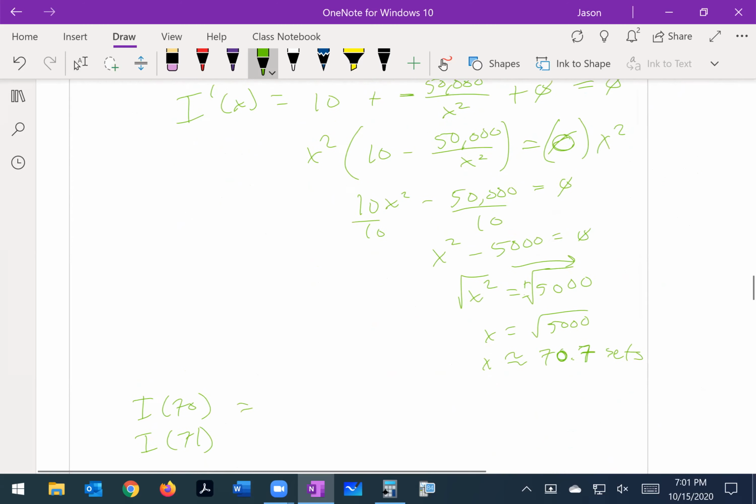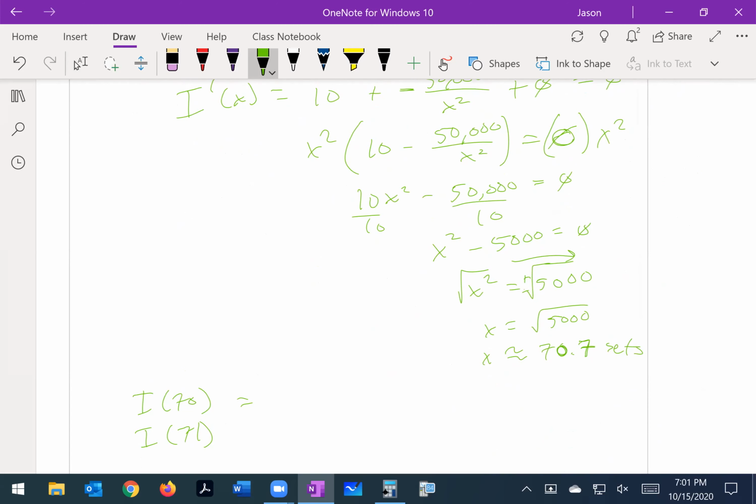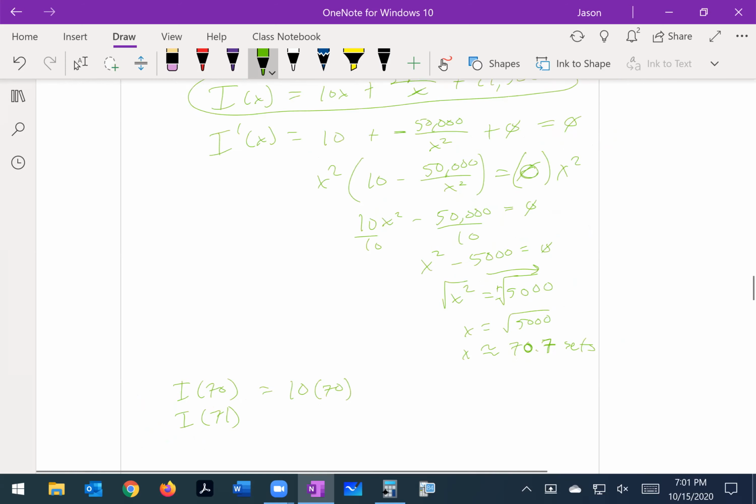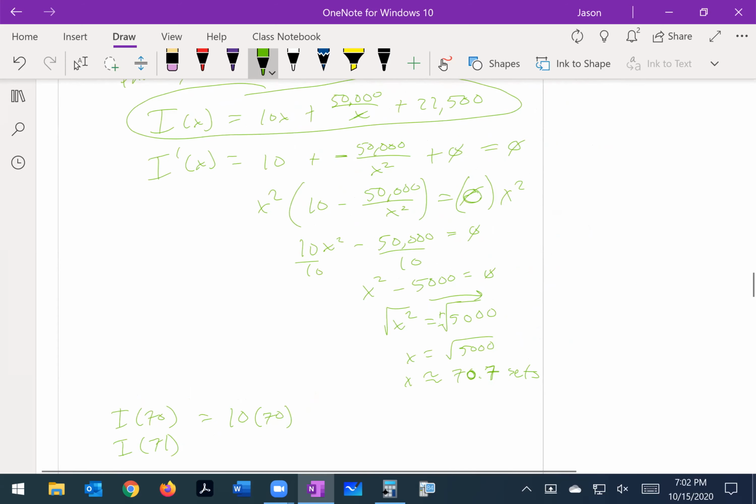If I order 70 sets at a time, then my inventory cost is 10 times 70 plus 50,000 over 70 plus 22,500.